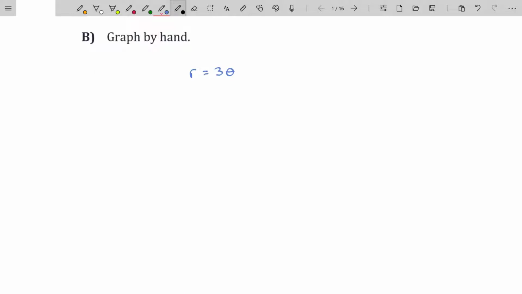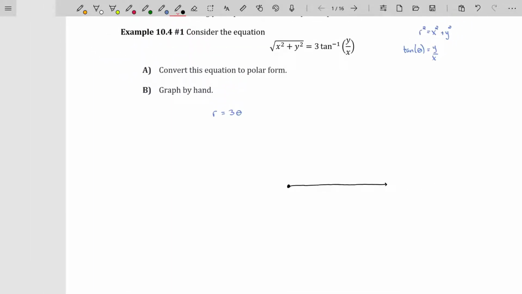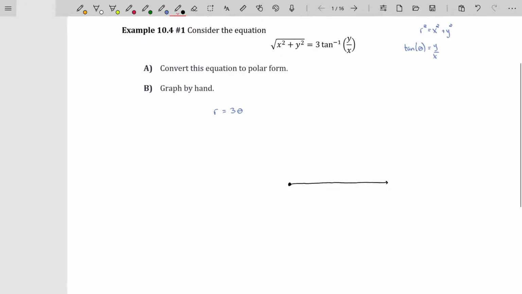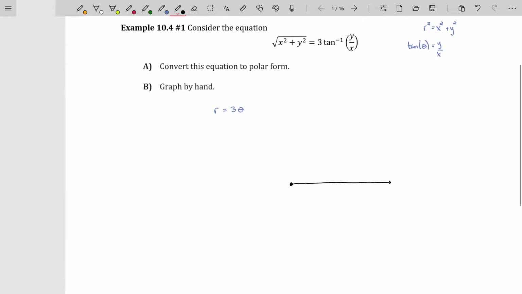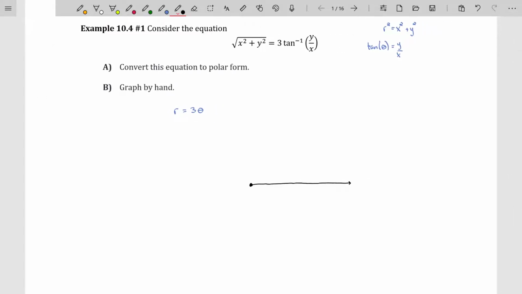I'll start by placing the pole in space here and then the polar axis. And I'm not bothering with a ruler here, mainly because you likely won't use one either, so why should I? Now, rather than starting at theta equals negative pi over 2, which is the lowest value, actually it won't even return negative pi over 2, but rather than getting close to it and starting angles at that, I'm going to start at theta equals 0.